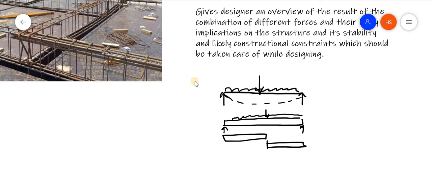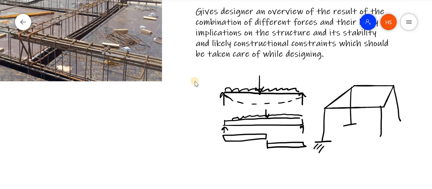What is a beam? A beam is a structural element which supports the slab. If I have a 3D structure like this, this is a support, so I'm marking it here. This rectangular portion is the slab.